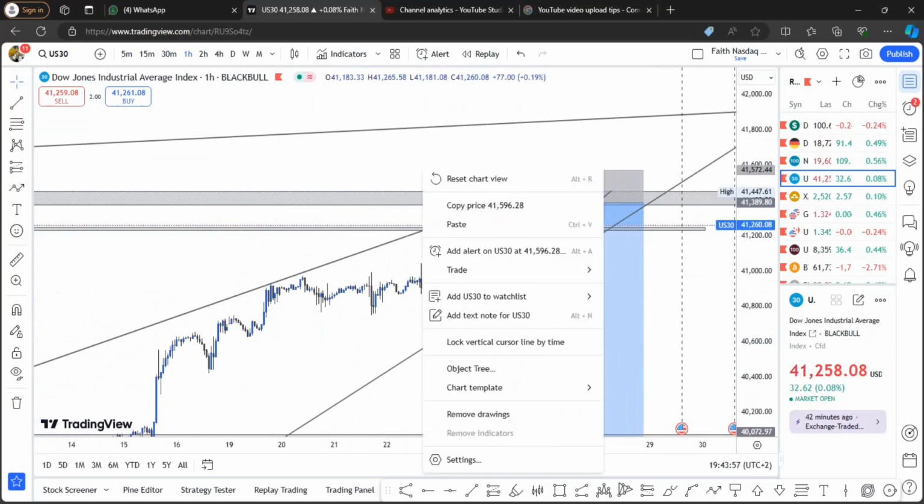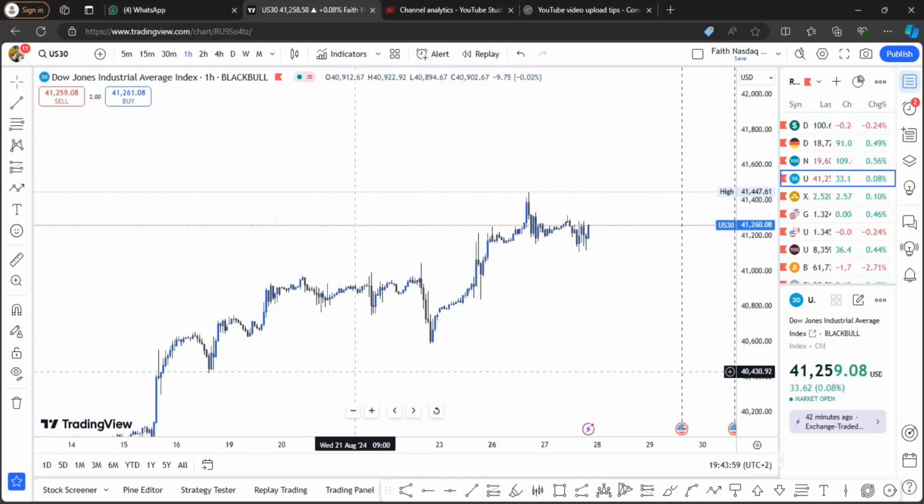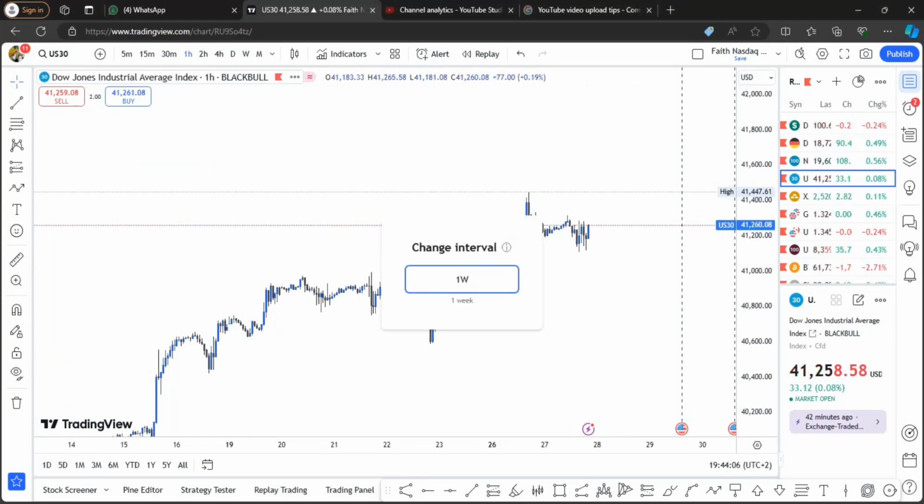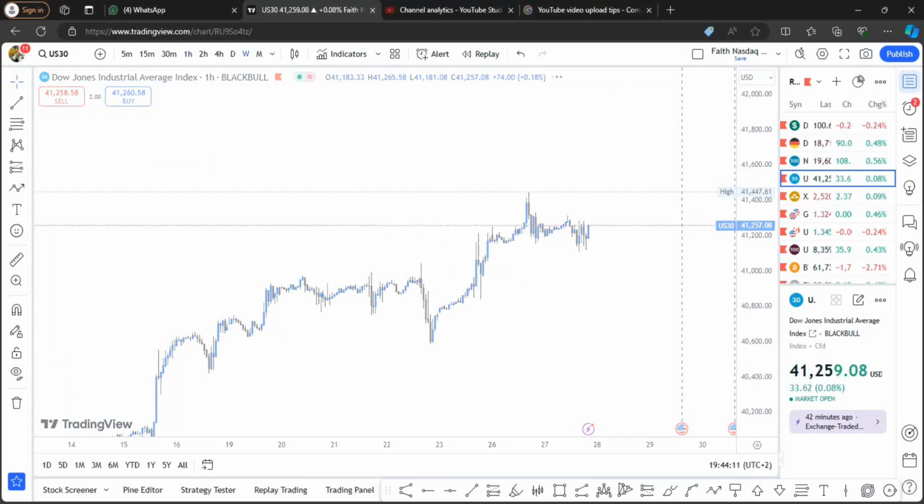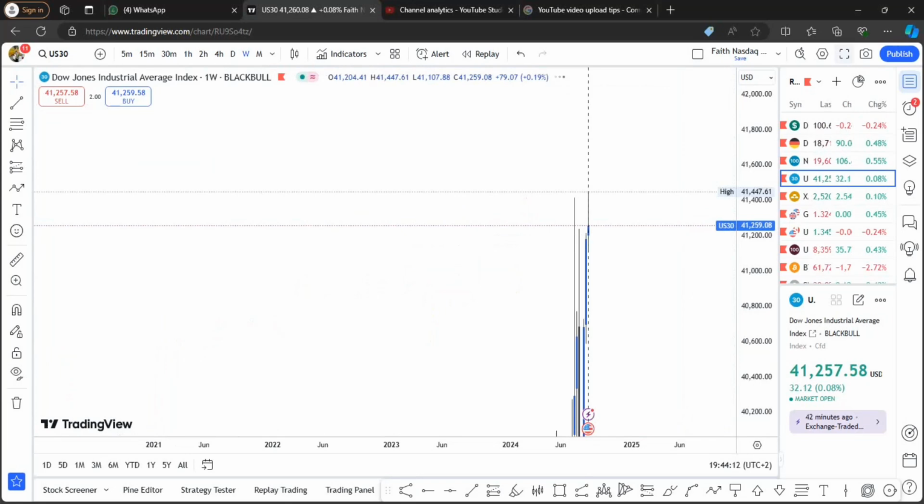So again, let's just remove everything so that we can reanalyze it together here. Remember we move to the 1 week time frame when we analyze.